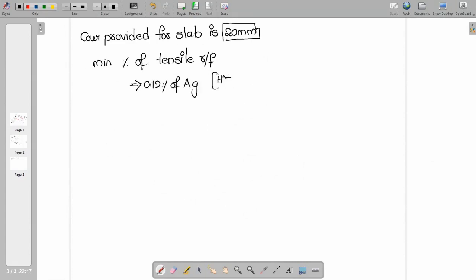And I have told you these values even in footing, because footing is nothing but an inverted slab, or 0.15 percent of gross area in case of Fe 250, or mild steel.